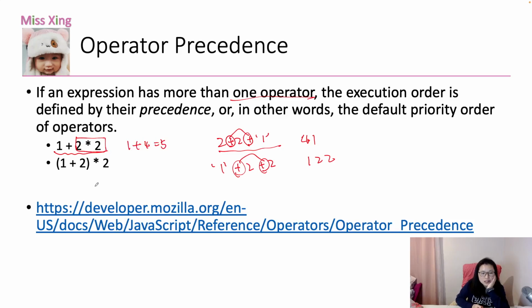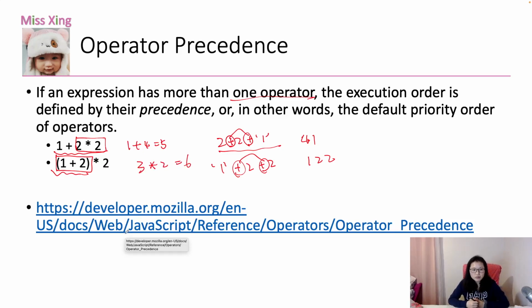And if we want to give the plus a higher precedence, you have to add parentheses. This one will have a higher precedence, so it's going to be 3 multiplied by 2, which is 6. I don't remember all the precedence, and if you need to check the precedence, you can click the link.